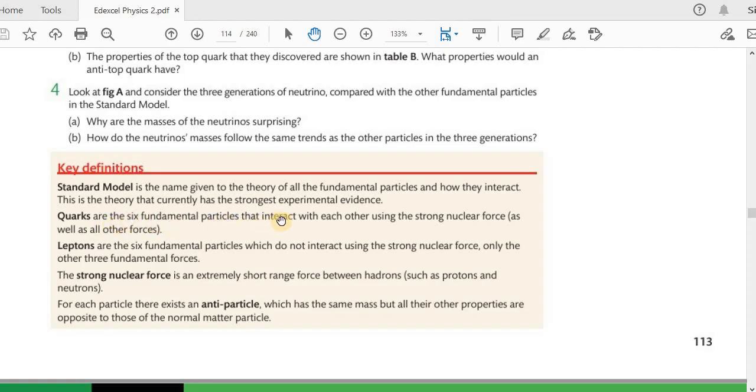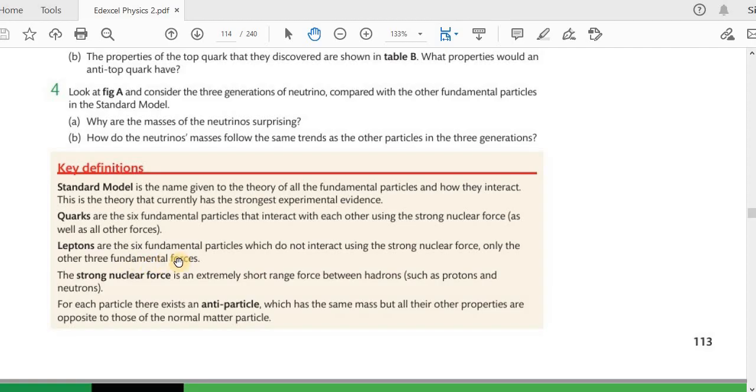Quarks are 6 fundamental particles that interact with each other using the strong nuclear force as well as other forces. Now, for example, between two protons, you can have the electrostatic force of repulsion. But here we're talking about quarks. Anyway, leptons are the 6 fundamental particles which do not interact with the strong nuclear force. Only the other 3 fundamental forces.